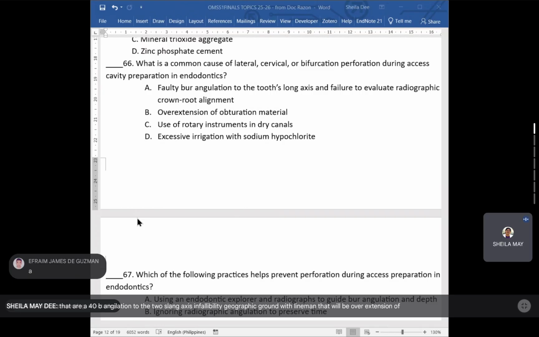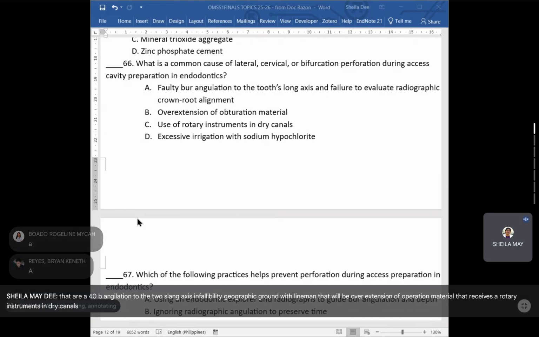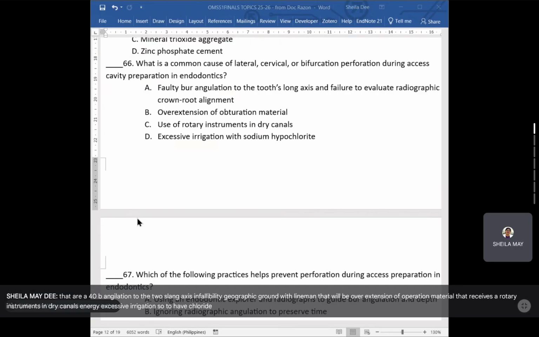Letter B, overextension of obturation material. Letter C, use of rotary instruments in dry canals. Letter D, excessive irrigation with sodium hypochlorite. Again, it says during access preparation, so you can already eliminate some of the choices.